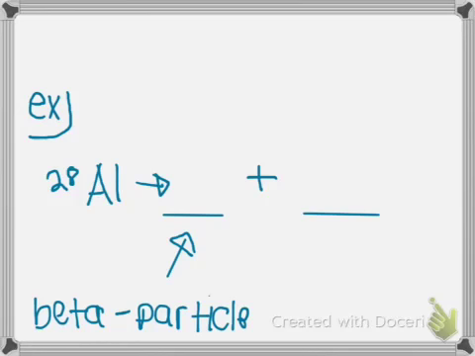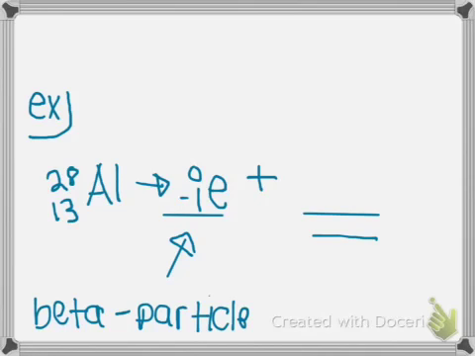So now we're going to do an example of beta decay. So beta minus decay, the beta particle we know is an electron, 0, -1. And so if we look at the periodic table, aluminum, its atomic number is 13. So we can write 13. So now we have to figure out what goes here. So let's think in our heads.